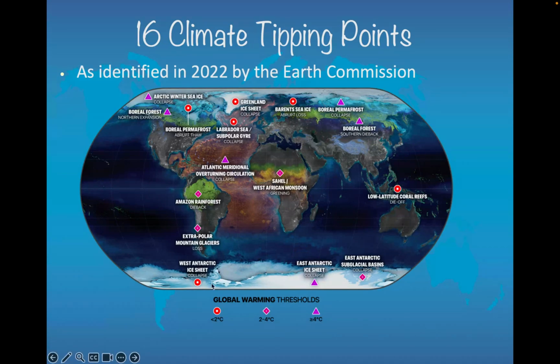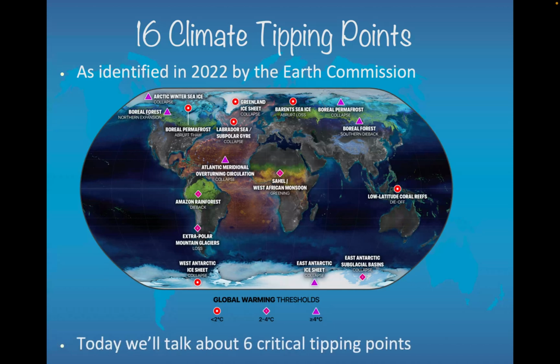The diamond shape means if it's somewhere between 2 to 4 degrees total increase in our global temperature. And then the triangles are a little more rare. These are the things if we reach a global warming temperature of higher than 4 degrees more than it is now. We are going to focus today on 6 critical tipping points.